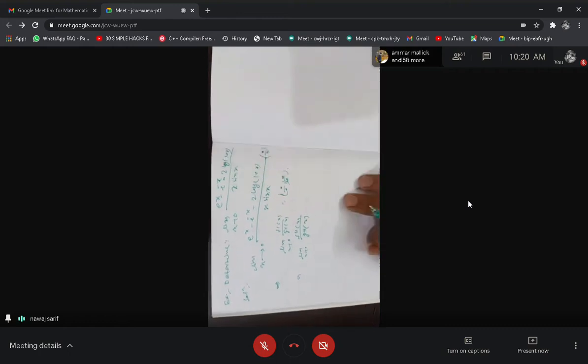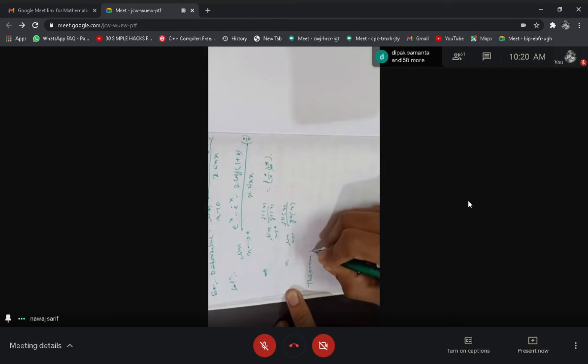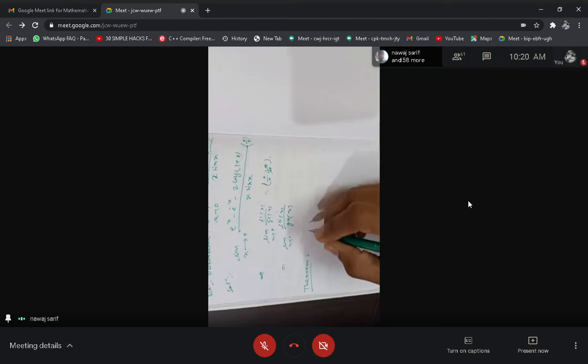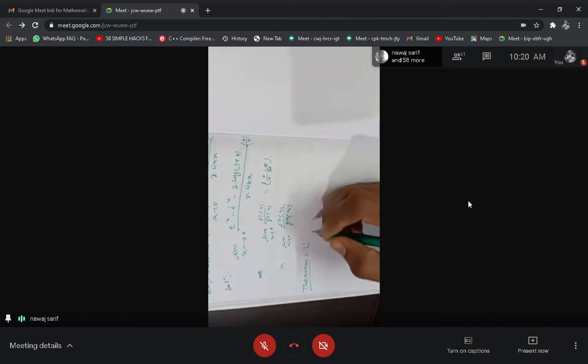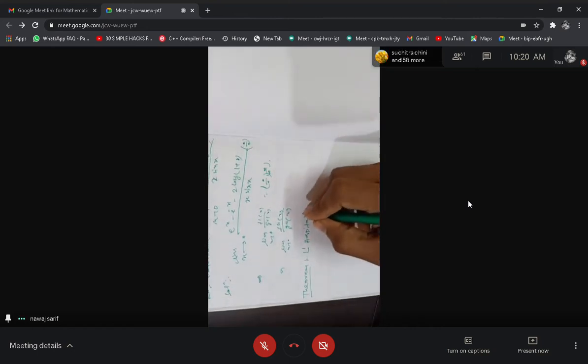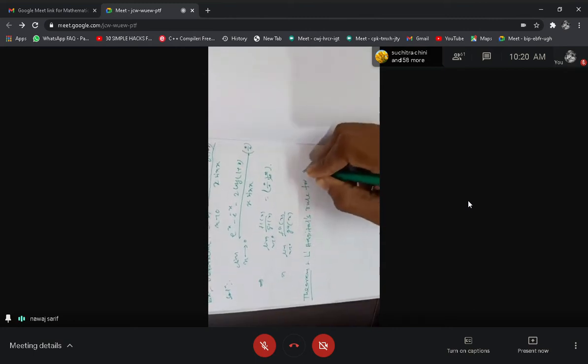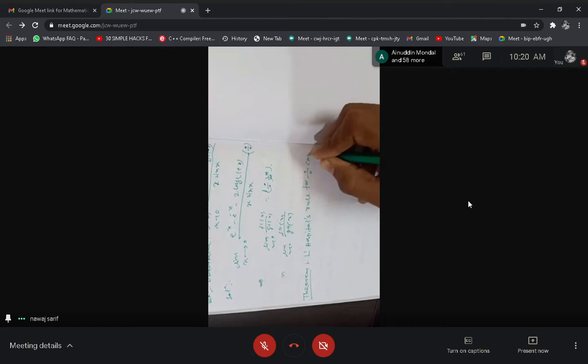So write down the theorem. This is L'Hospital's rule. I think all of you know L'Hospital's rule. L'Hospital's rule for the 0 by 0 case.